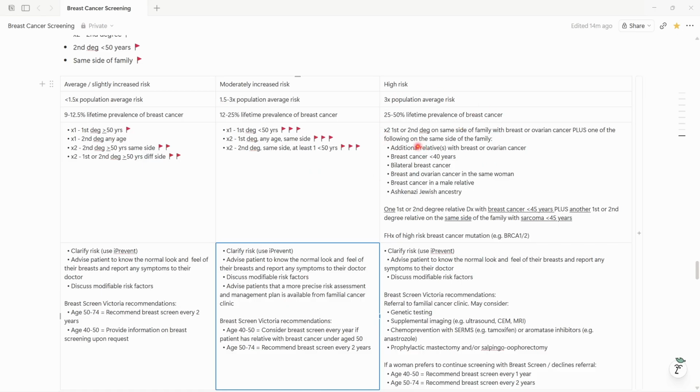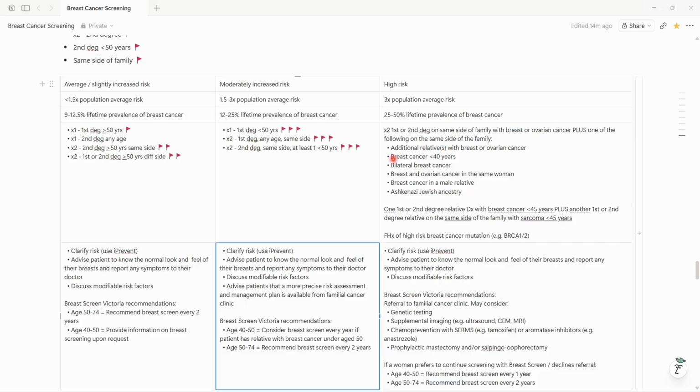And there are 6 criteria that will bump them into the high risk. The first is an additional relative on the same side of the family with breast or ovarian cancer. So they have 3 family members with breast or ovarian cancer on the same side of the family.